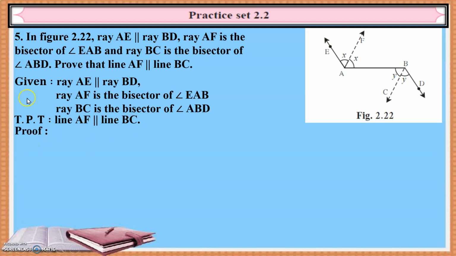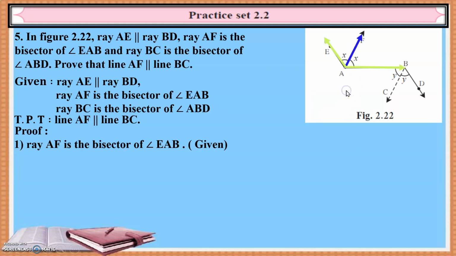Now, in the proof, we will start with this statement. Ray AF is a bisector of angle EAB. It's given. So, let's understand the meaning of this. This is ray AF, which is the bisector of angle EAB.